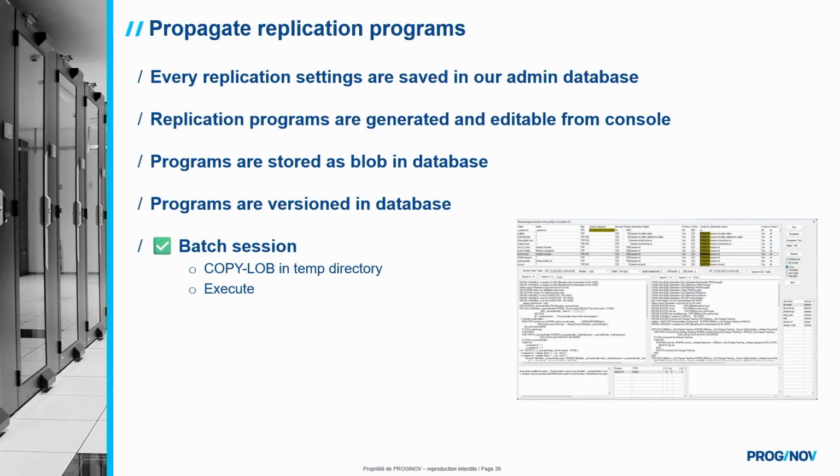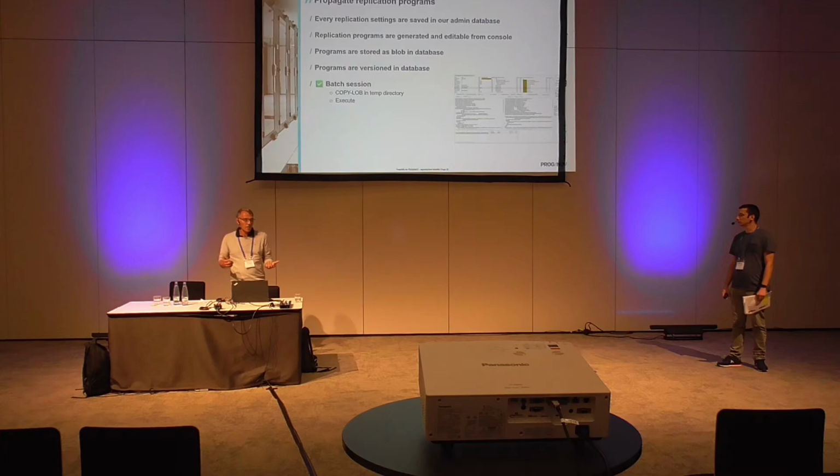And all the source code and objects are versioned in this replication DB. It allows me to change the replication process even if it runs. Each replication process runs for 2, 3, 5 minutes, stops and restarts just after. It allows me to change the source code quickly enough to be up to date with what I want to do.